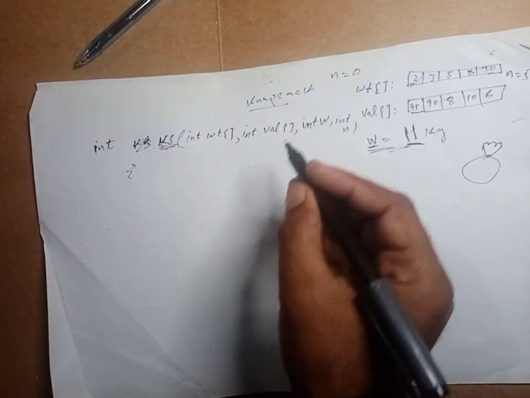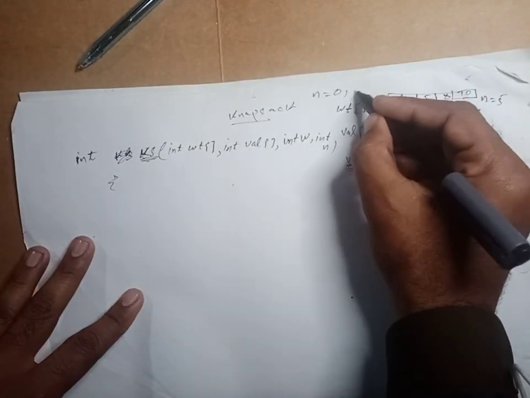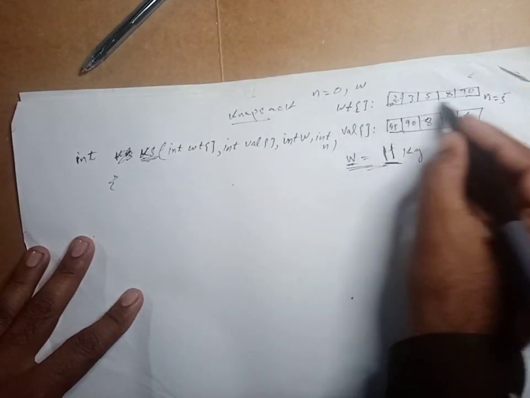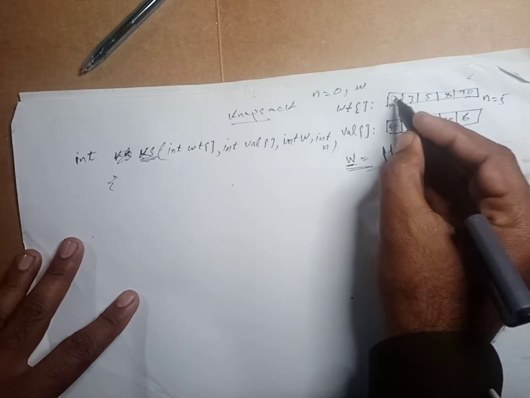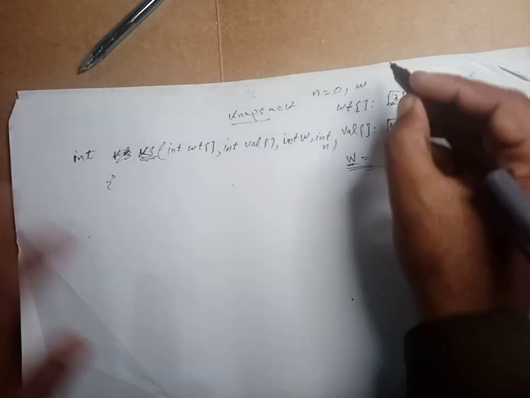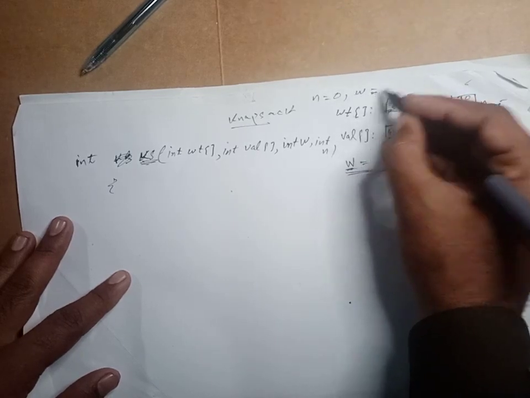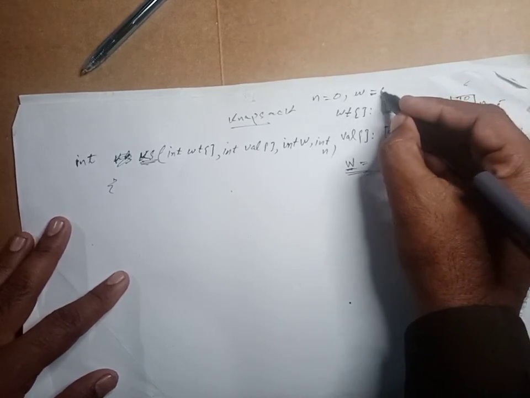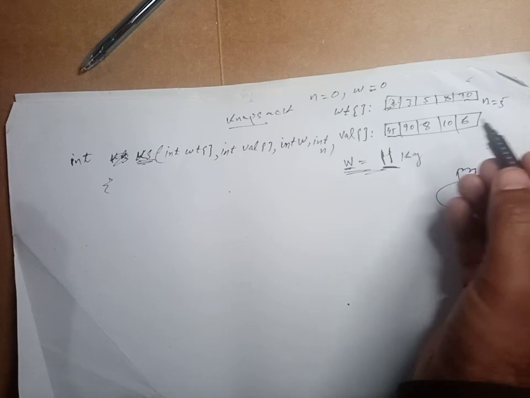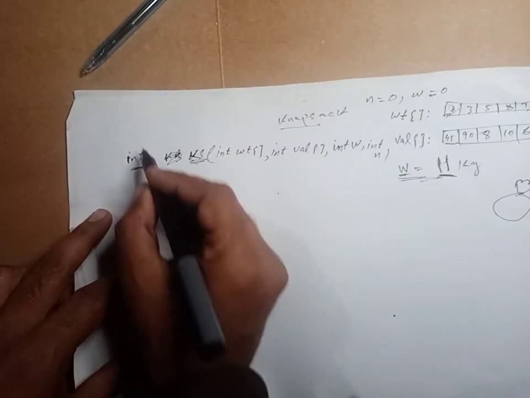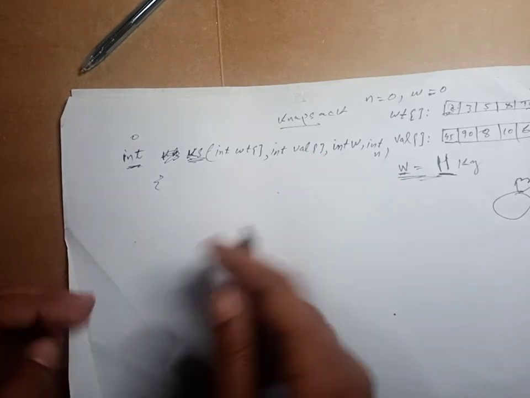Or if the weight is 0, the maximum profit will be 0, so there is no result.